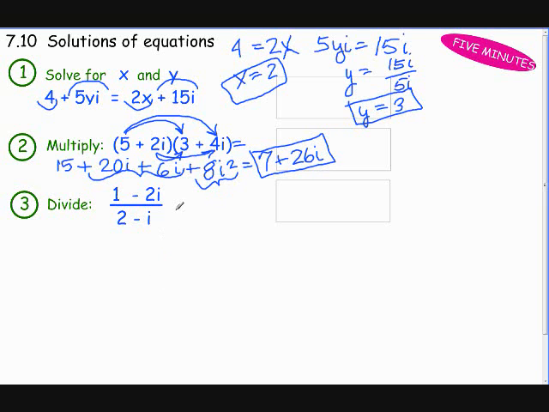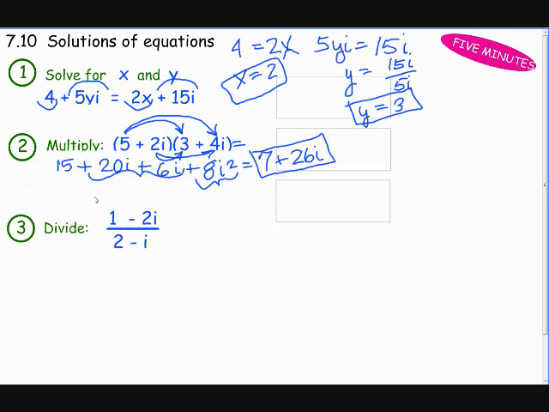Finally, we're going to divide. This will be a little trickier, won't it? Let me move this down a little bit just so we can see it better. This will be a little tricky. We need to rationalize our denominator.